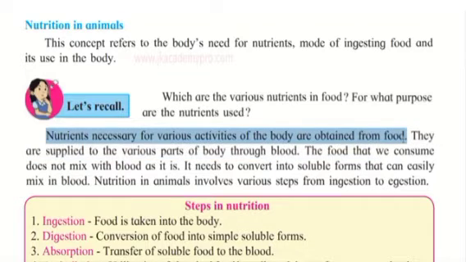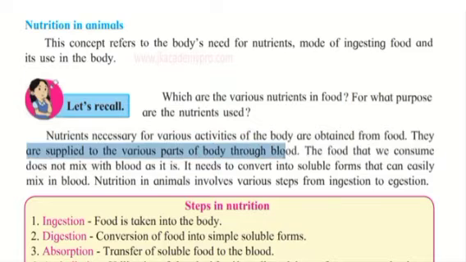Our body continuously does its working, not only physical work that we do, but even the various life processes like digestion, circulation, breathing. For all this, our body requires energy, and this energy is obtained from nutrients, and they are supplied to the various parts of the body through blood.